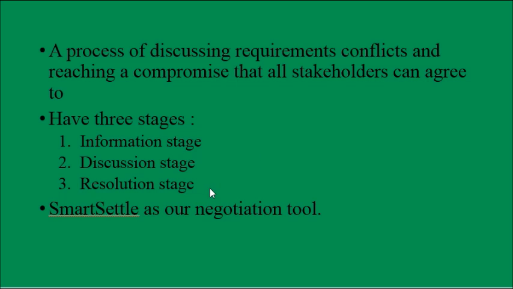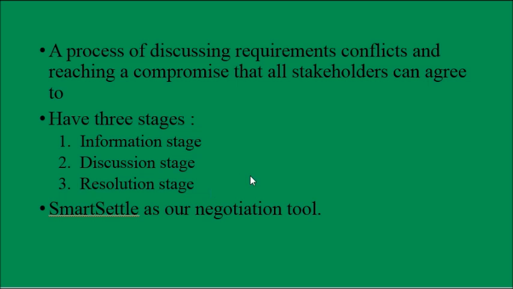The third stage is the resolution stage, where we resolve the problems and conflicts. After we discuss with the stakeholders, we come up with a solution, and then we resolve the problem as much as we can according to what they want.